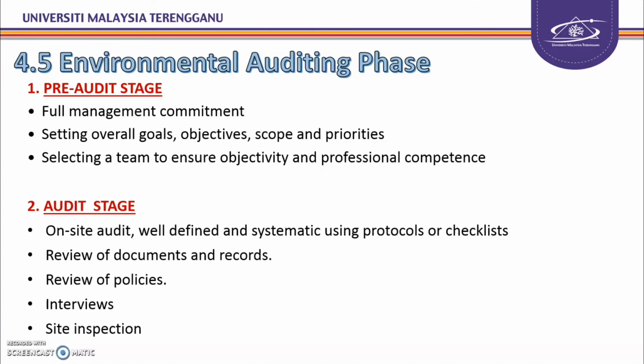Management should hire the internal auditor, the auditee within the company, and then management must set the overall goals, objectives, scope and priorities, and then select a team to ensure objectivity and professional competence. During the pre-audit stage, it will involve the auditee and the internal auditor only.